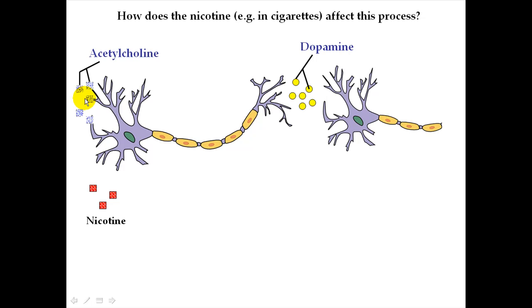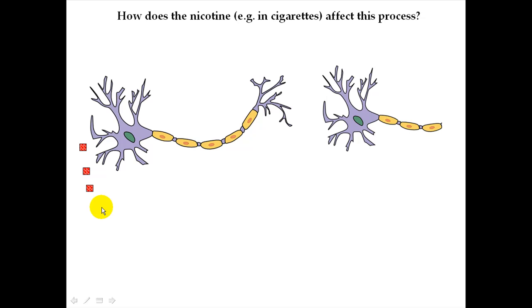So if there's no acetylcholine around, that's the body's natural way of decreasing the amount of dopamine around. Here's the thing, if someone is smoking though and has a whole bunch of nicotine around, that means because its structure is very similar to acetylcholine's, it can also just as easily bind to those dendrites of the sending neuron and cause the release of dopamine, even if the body really doesn't mean to release dopamine.